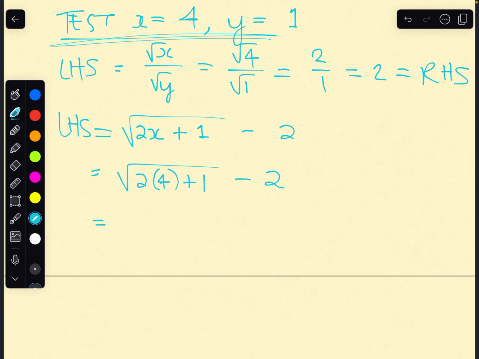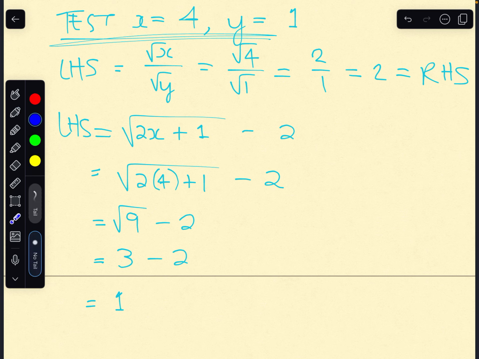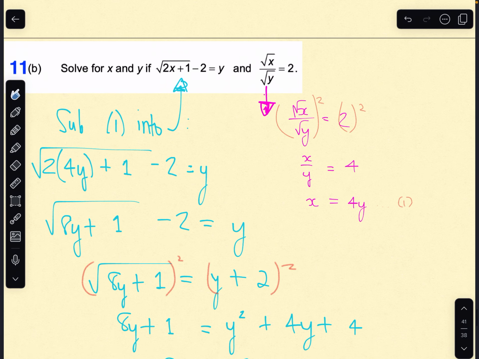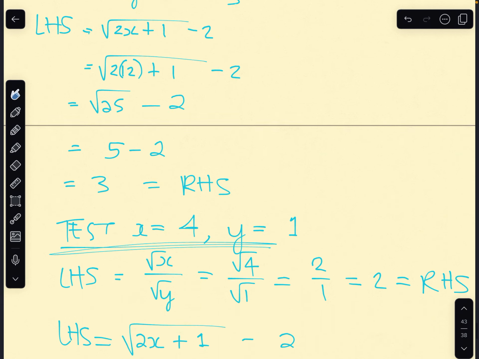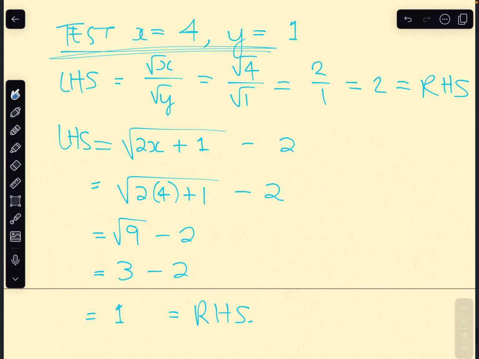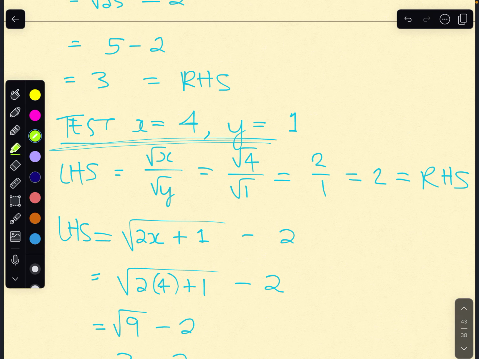That's 8 plus 1 is 9, so we have 3 minus 2, which is equal to 1. And that is indeed equal to y, right? That's what we needed the right hand side to be. It must be equal to y. So we are happy. It is indeed equal to the right hand side. So both of these solutions work. We are happy.